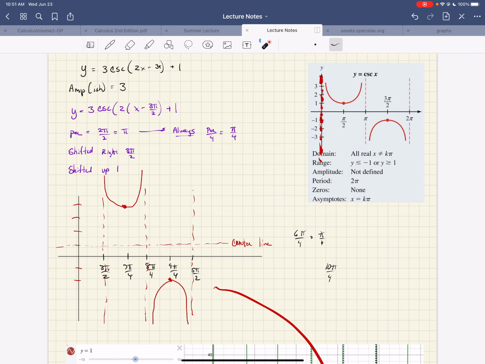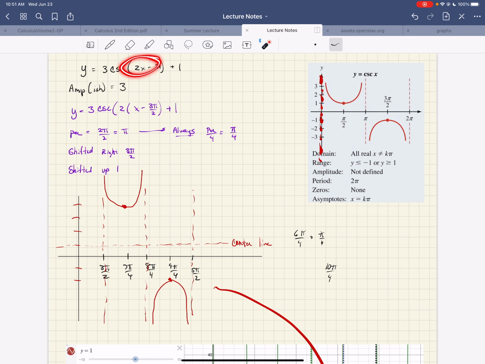And that's why I put amp-ish, because it does do something for us, but it's not the height of a wave, because these waves are turned upside down, because normally sine would look like this. And here you've inverted both of those pieces. So the amplitude is kind of 3. It's going to help us in the end.